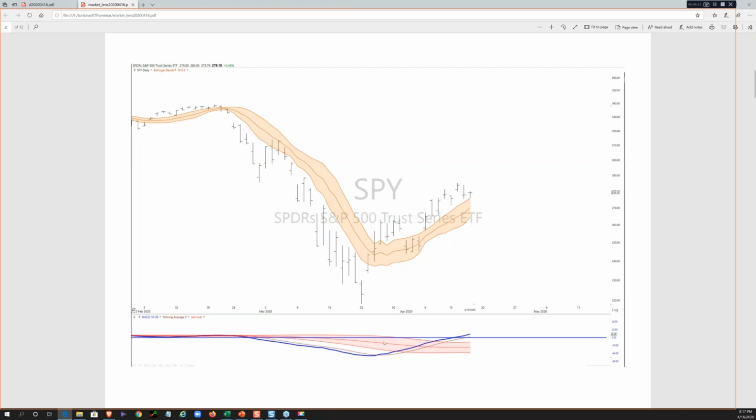Now, we put this Red River Bollinger Band, 30 period, on the MACD line itself, and that gives you sort of a noise boundary between the early spring and the late spring.